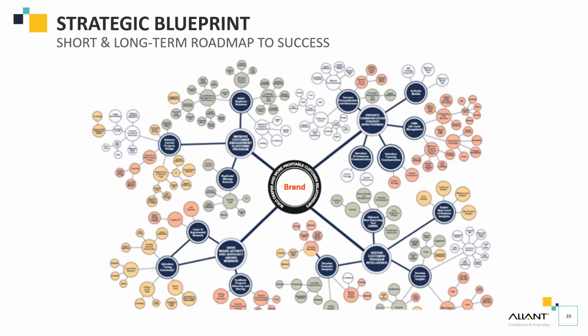All right. And then here's a strategic blueprint. Really, it's about creating a short and long-term roadmap to success, a collaborative shared vision, right, with whoever you might be partnering with. Now, in the middle, you see building deeper and more profitable customer relationships. Everything else is blurred for proprietary reasons, but essentially, the bigger the circle is, the higher it is in category.